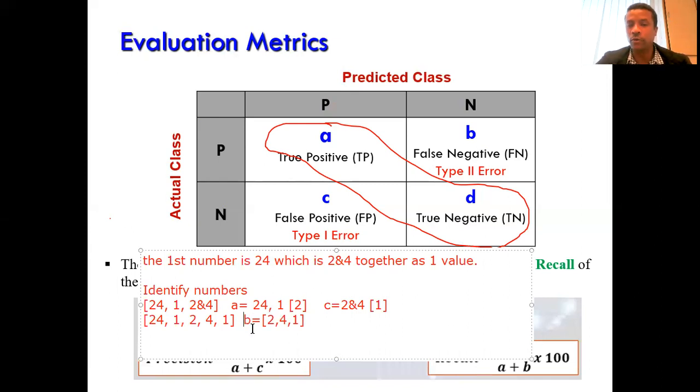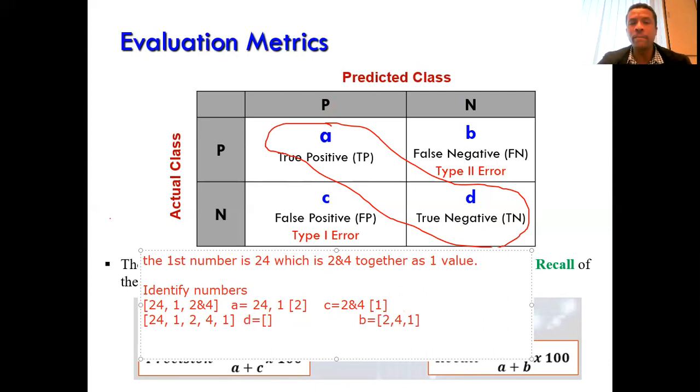They are supposed to be found as numbers, but they were not found by your program. So we found A, we found C, then B. And what are D, the true negatives?